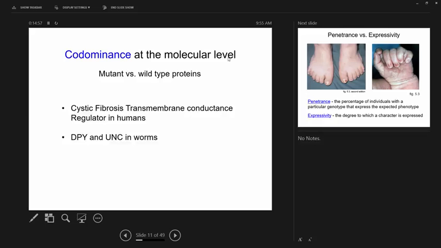Cystic fibrosis transmembrane conductance regulator is a chloride ion channel. If you have a defect, you don't regulate chloride ions very well, particularly in the epithelial cells of your respiratory tract.